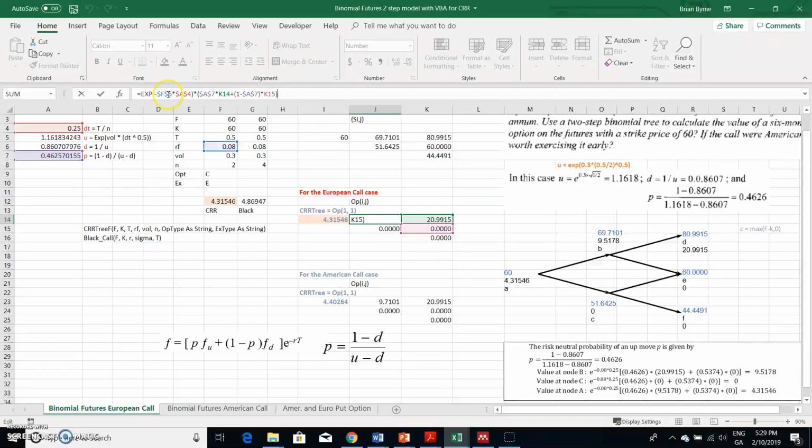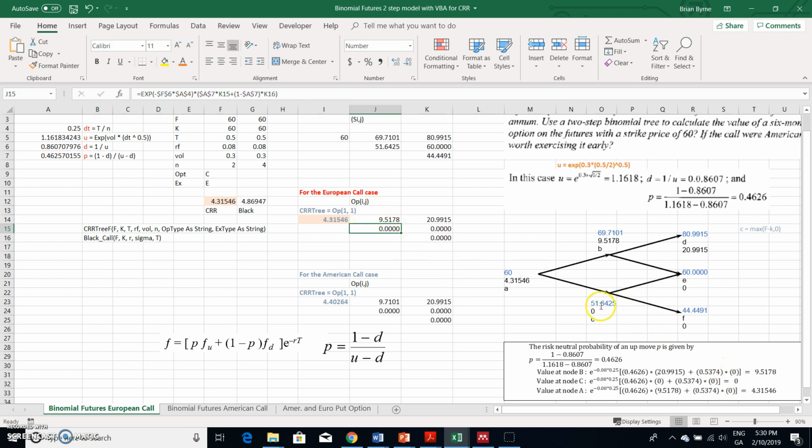And then I want to multiply that by P times the 20.99, plus 1 minus P multiplied by 0, and that produces 9.5178.